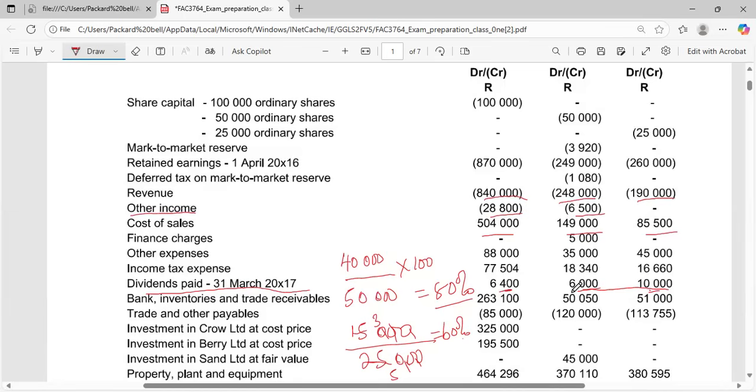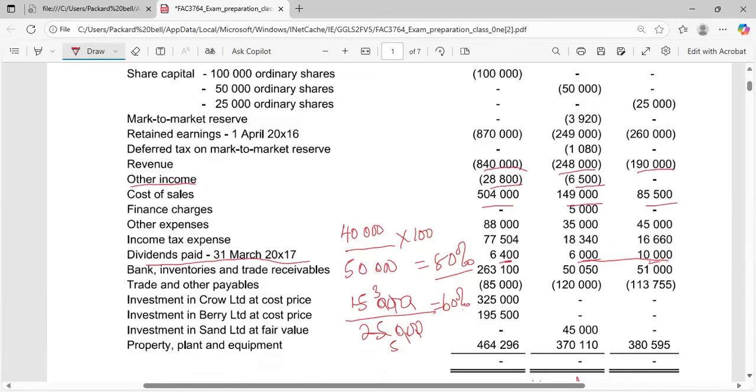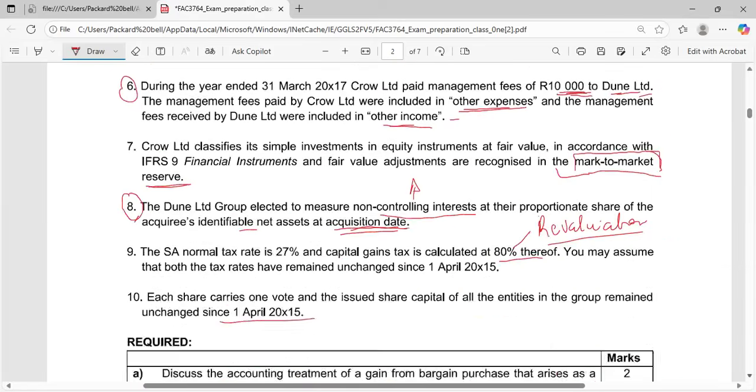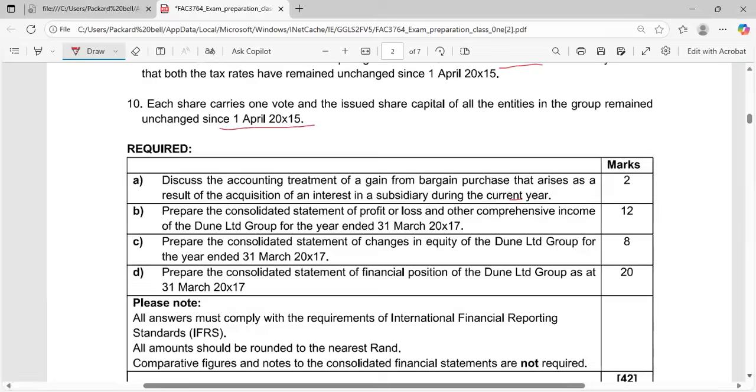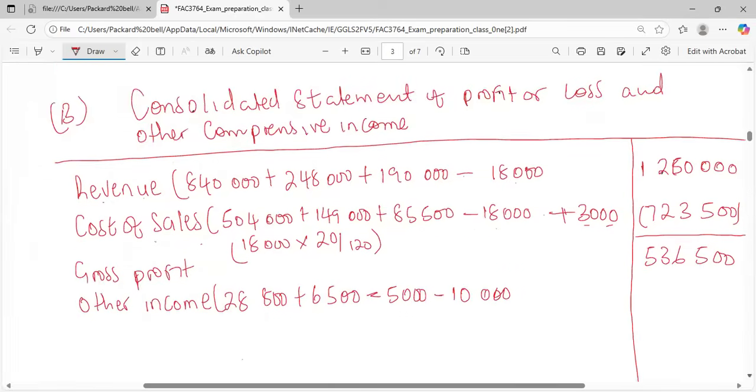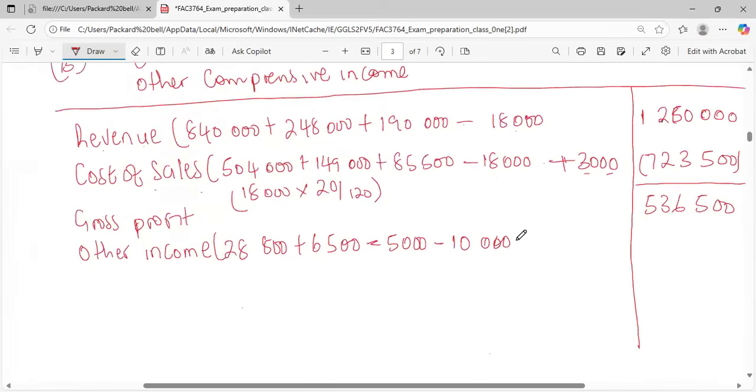So that's there on dividends. 80% is an intra-group transaction, so we need to eliminate it. So we take it out. Here we are going to eliminate intra-group dividends. So I'm going to say minus 6,000 times 80%.